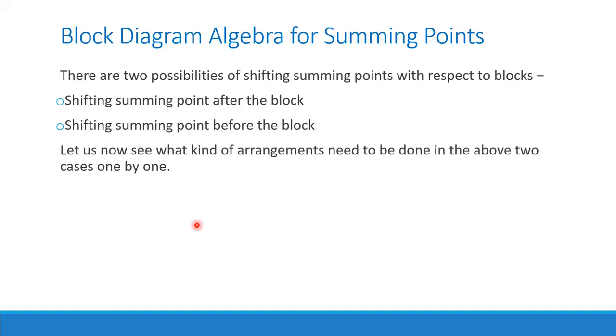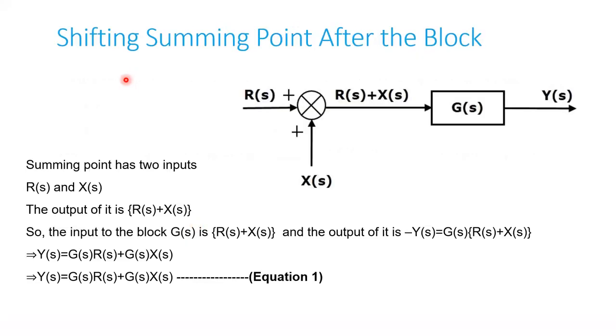Whatever the position of the summing point, we can shift it either before or after the block. Let us see what arrangements need to be done in these two cases one by one. First, the case of shifting the summing point after the block.